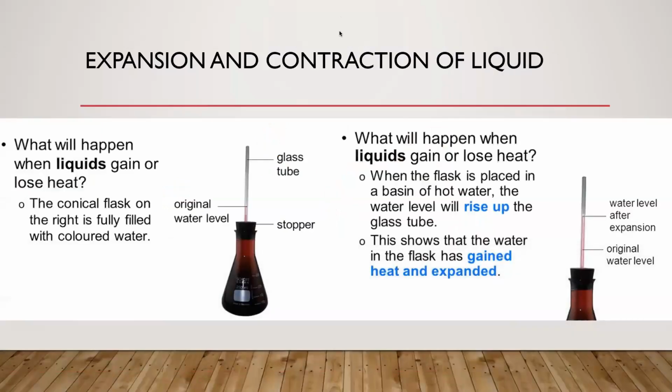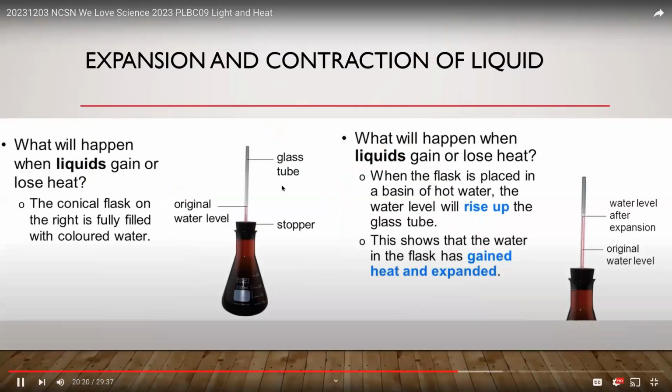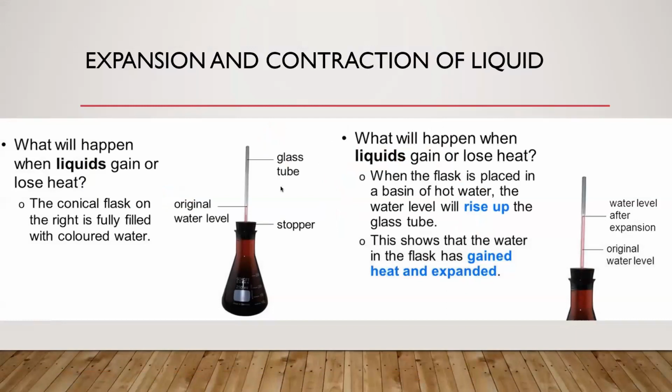Now, let's look at liquid. This liquid, like a solid, expands when it gains heat and contracts when it loses heat. So I have this thing called a conical flask, and I fill it with colored water. So what happens when the liquid inside gains or loses heat? Let's give a scenario.